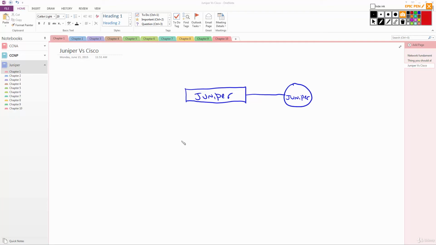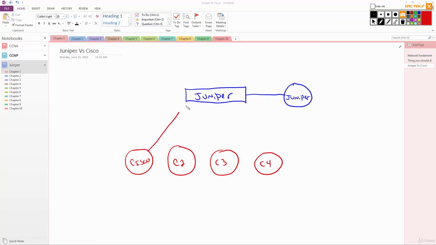Now, in our lab, we're going to have 4 routers here. These routers are only going to be for the purpose of host. Okay, we'll just say this is Cisco 2, Cisco 3, and Cisco 4. Okay, and they're going to plug into this switch. Or they might even plug into the security device or the router. Okay, either one. They're only going to be used for the purposes of setting up IP addresses on these interfaces and pinging.